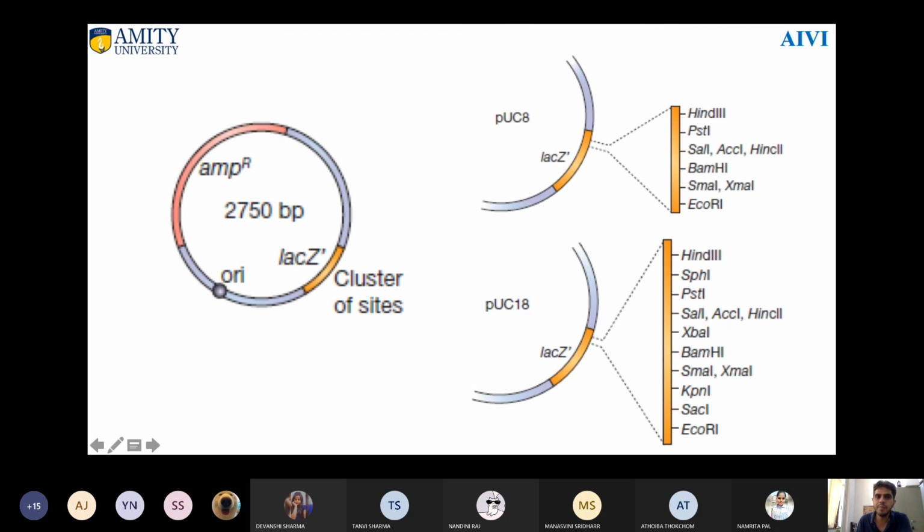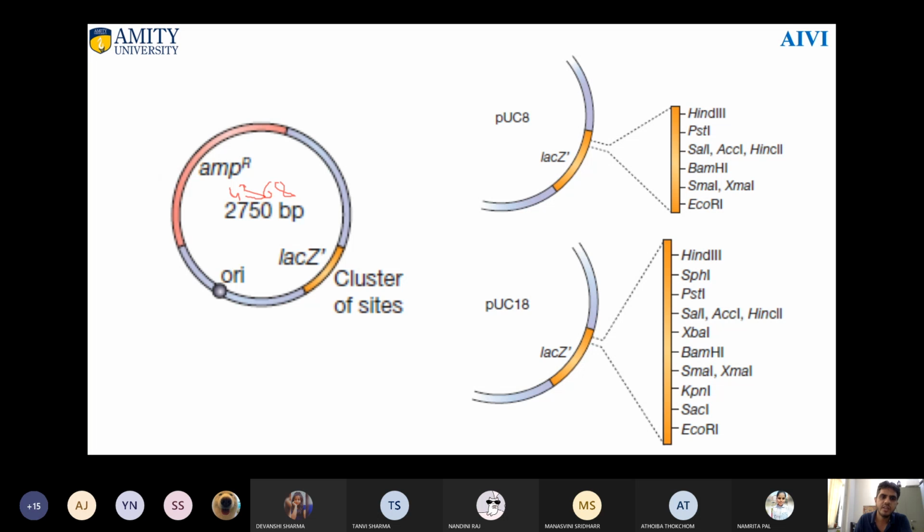So you can see the map. This is lacZ. One more important feature is the size. You can see that the size of this is going to be 2.735 kb. When the size is 2.735, you compare it with 4368, I think this was the size. So it is about half the size.